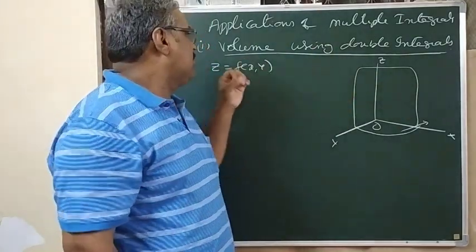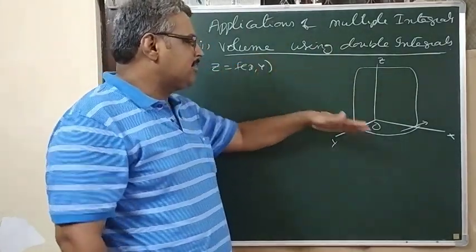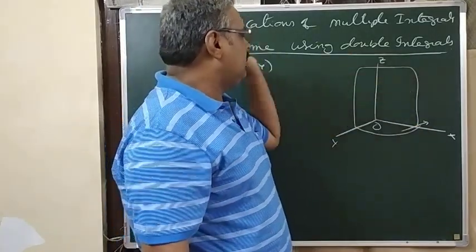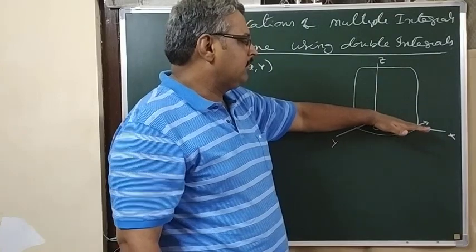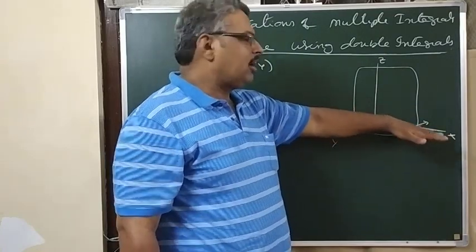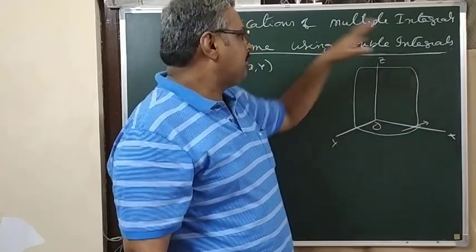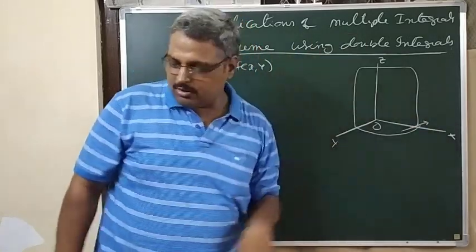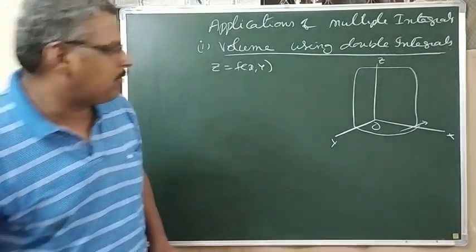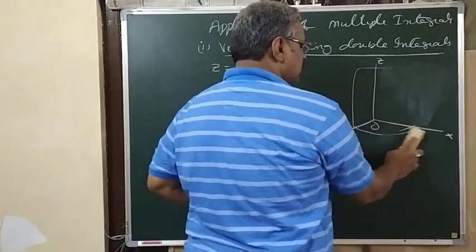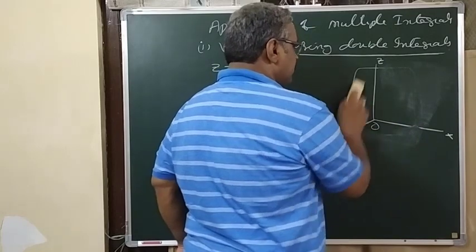Then how to find the double integral? If the volume of the solid is bounded by or above the xy plane, then we will find the volume using double integrals. Suppose if you observe one example, first example.